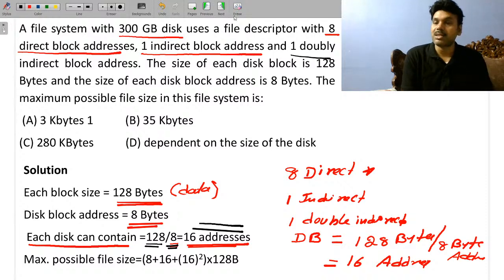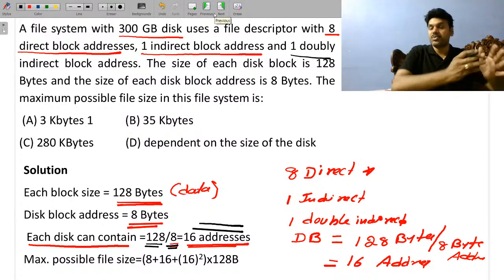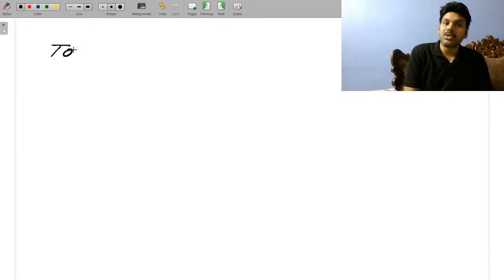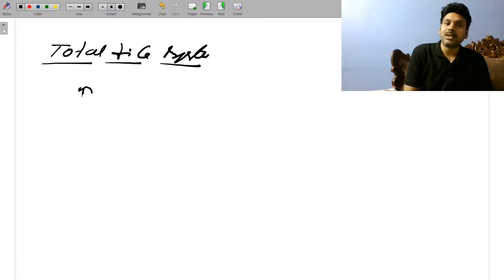That's it friends. This is how you can see the inode structure, which is useful for storing large files. One very important point I said: if you ask for the total file system size, you do only summation. What is that?